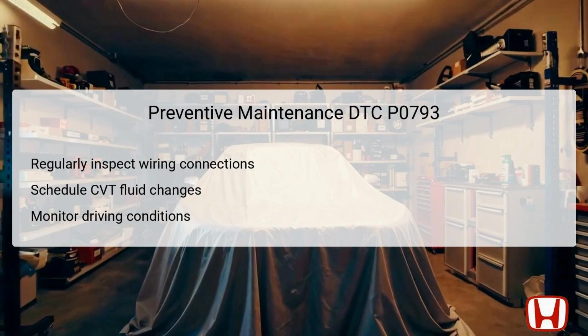This includes ensuring that connectors are clean and free from corrosion, and that no wires are pinched or damaged. Additionally, scheduling regular CVT fluid changes is essential for maintaining smooth transmission operation and optimizing performance. Quality transmission fluid operations can prevent sensor failures and operational complications.